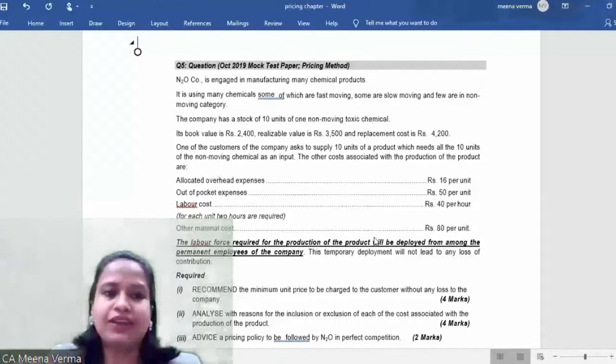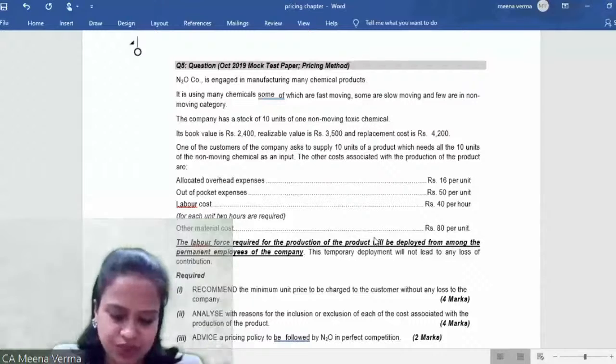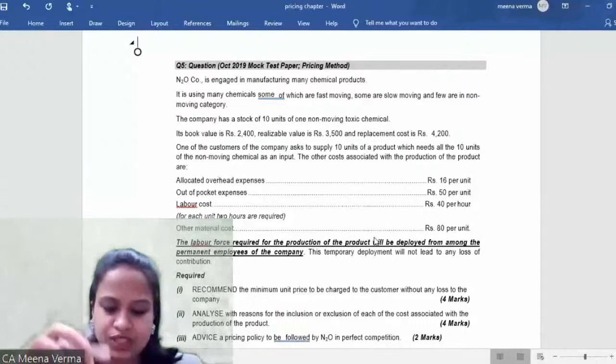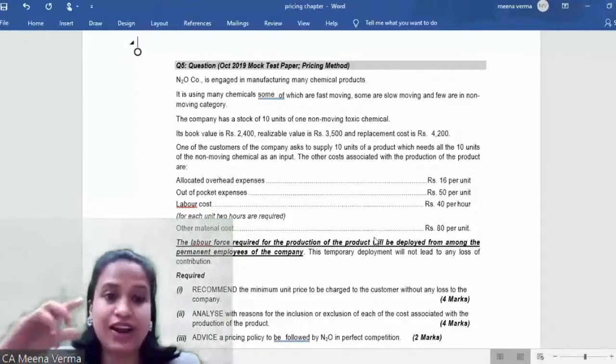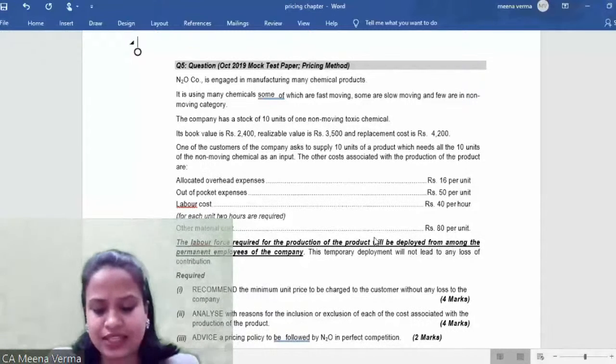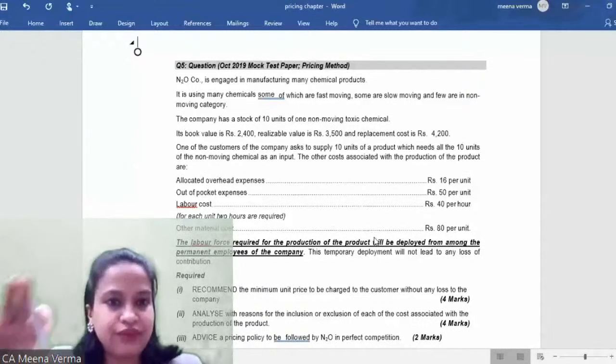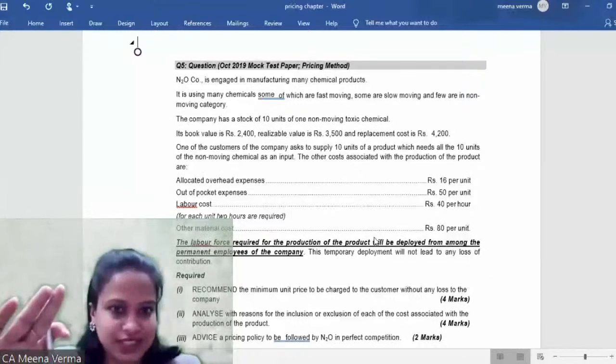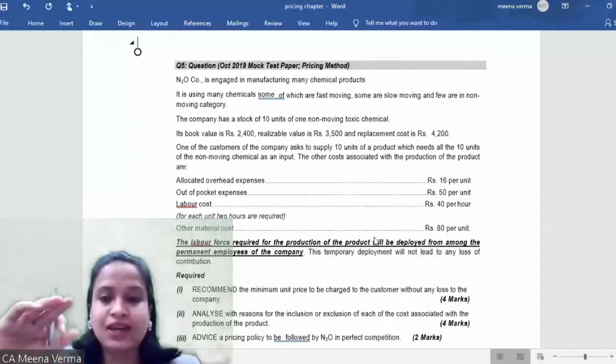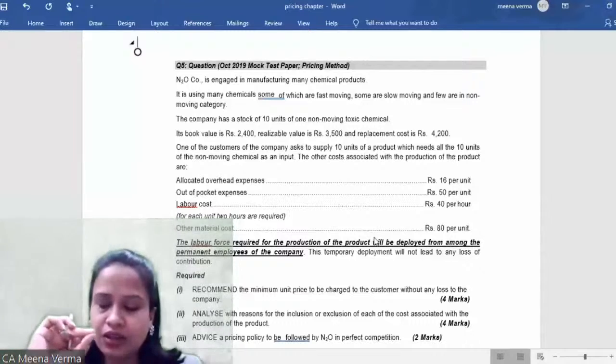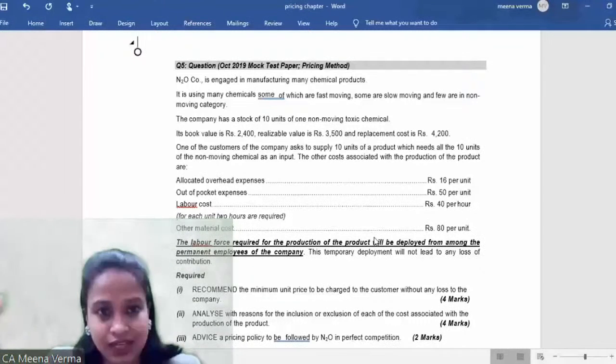See, in practical life, conditions may vary. Question by Sumit. Sumit, you have asked me about the formula Y equals AX^b. See, we don't have the concept in detail related to this topic, but yes, it is applicable. In the question it is mentioned that the learning curve of the labor is 80%.